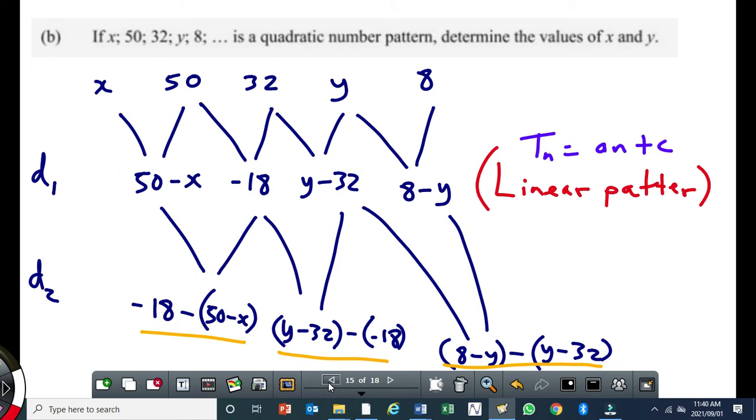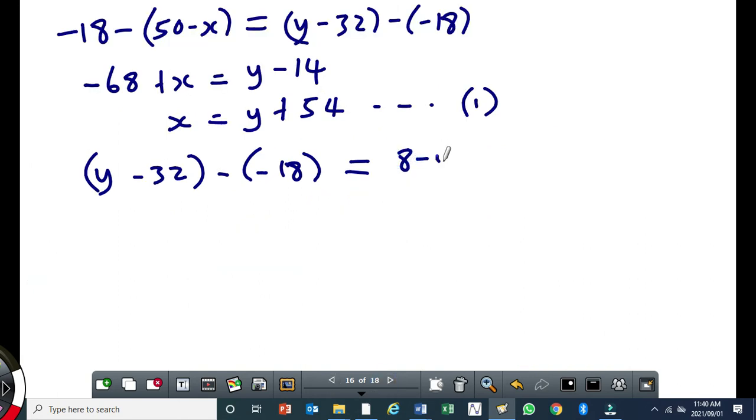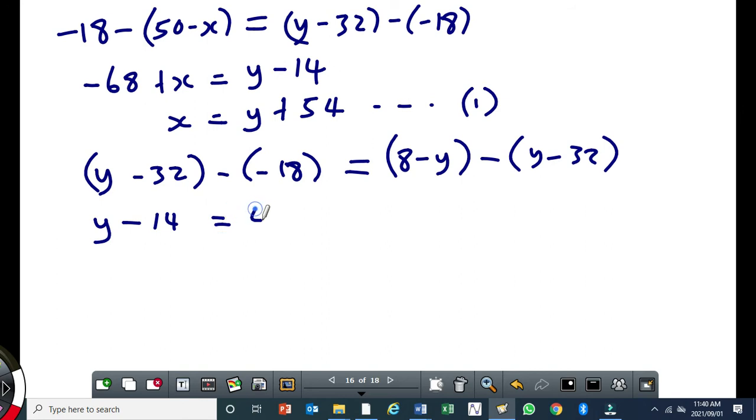So y minus 8, y minus 8, minus y minus 32. Let's simplify this now. There are many ways of doing it, but I'm just going to do it this way. This becomes a plus, so we get minus 14 there. And on the other side, we get 8 plus 32, which is 40 minus 2y.